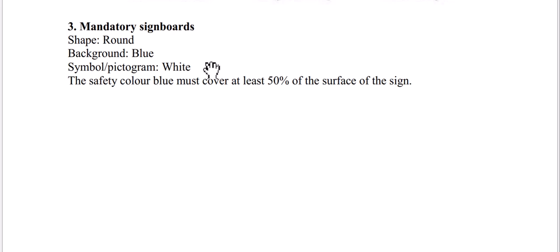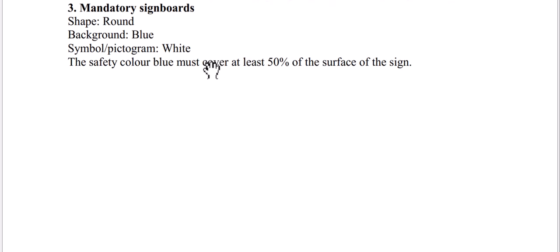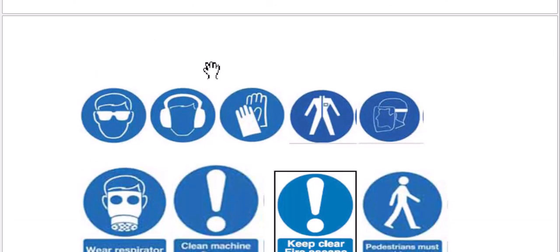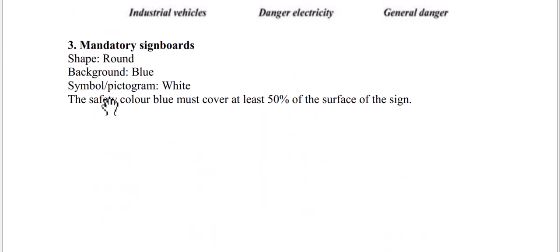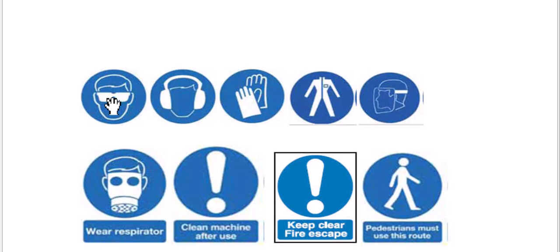The shape of this sign is always round, and the background is blue with a white pictogram. For instance, we have this: a round shape with a blue background, and the sign being shown is a white symbol.